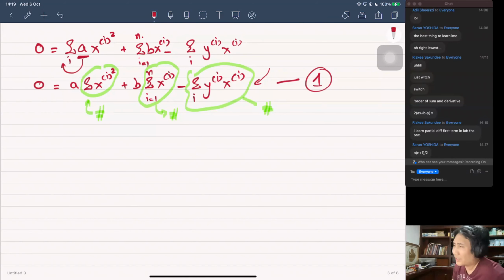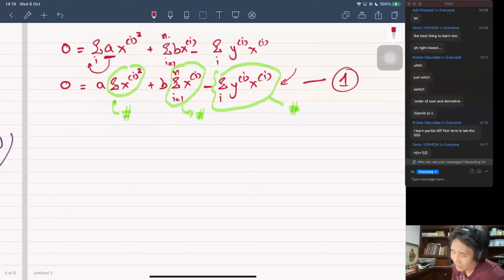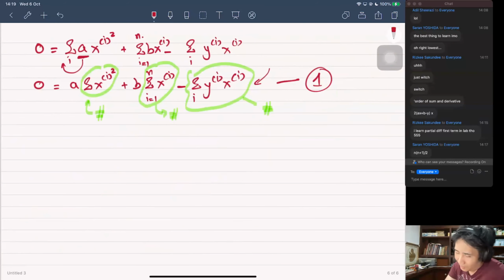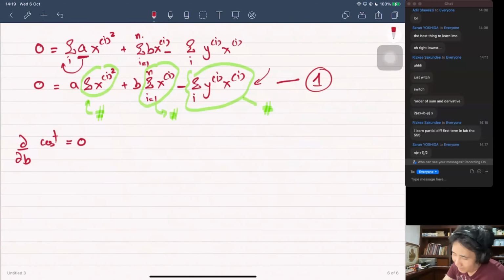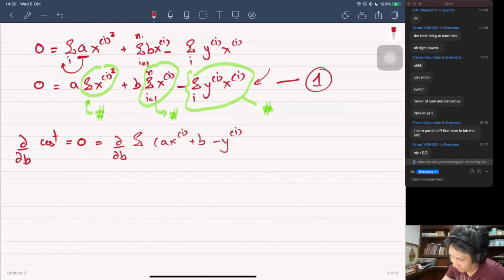Okay, let's go do the same thing for b. So we want to do d by db of the cost function, and it has to be equal to 0. So that would mean it's going to be d by db of the sum of axi plus b minus yi, squared.